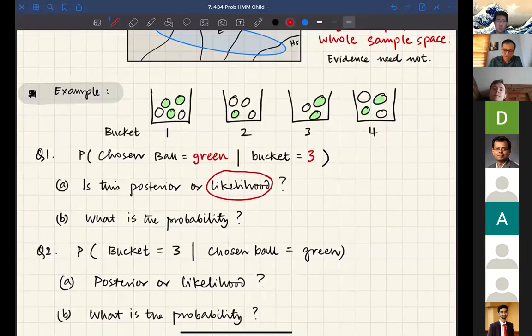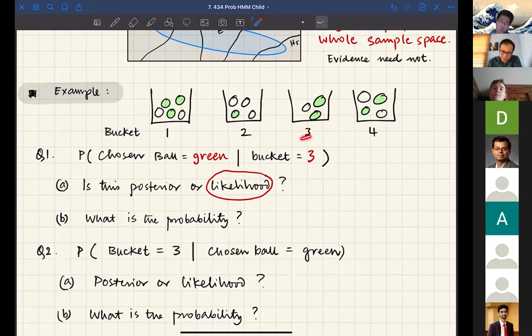Why? Look. If you want to write this as a vector, chosen ball equals green, can you write the full vector? You cannot, right? You only know green. Who knows what the other ball colors are? You don't know what the full space is. You don't even care.